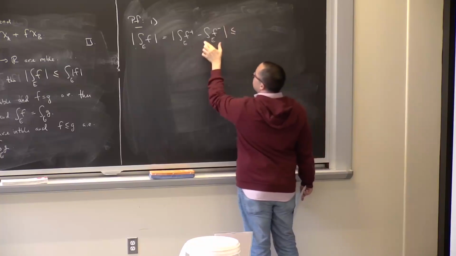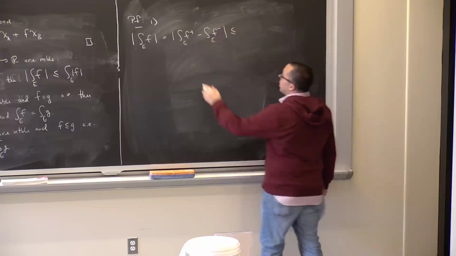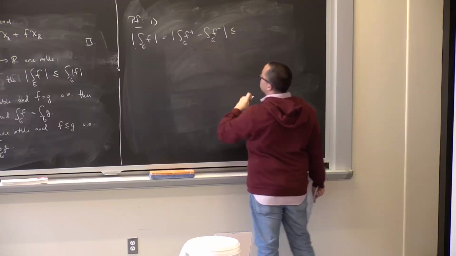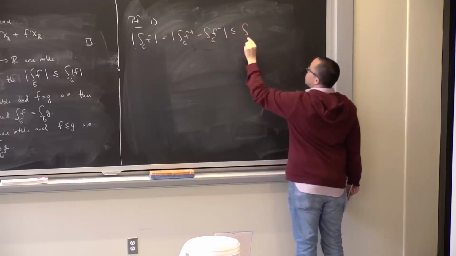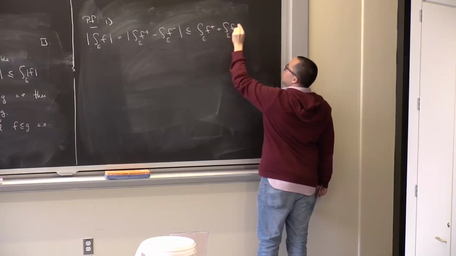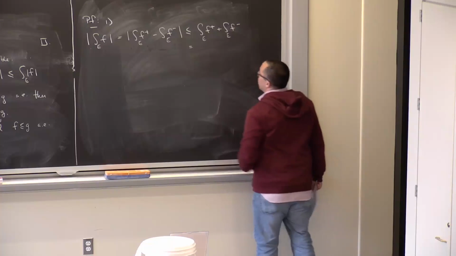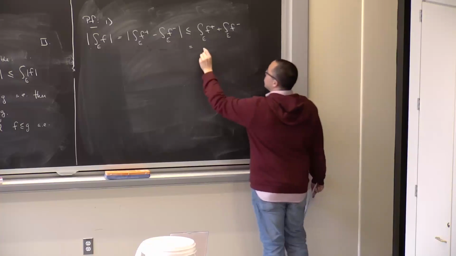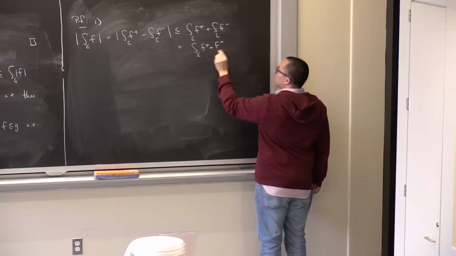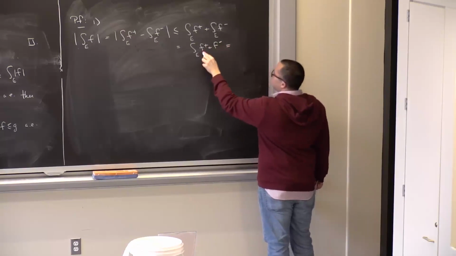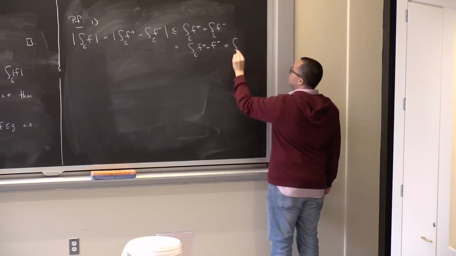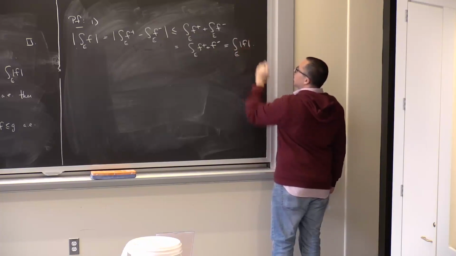Now these are two non-negative numbers, so by the triangle inequality, the absolute value of their difference is less than or equal to the sum of the absolute values, which are equal to themselves because they're non-negative numbers. And now the sum of integrals is equal to the integral of the sum. And the positive part plus the negative part of f is equal to the absolute value of f.